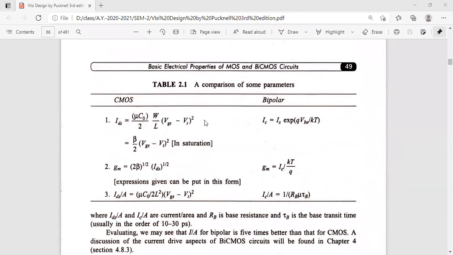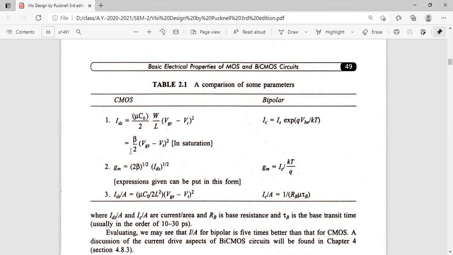So when you are asked to discuss the differences between the CMOS and the bipolar, you need to write these 3 equations, both for CMOS and for bipolar. The IDS in the CMOS is like this: mu into C naught by 2 into width to length ratio multiplied with (VGS minus VT) whole square.